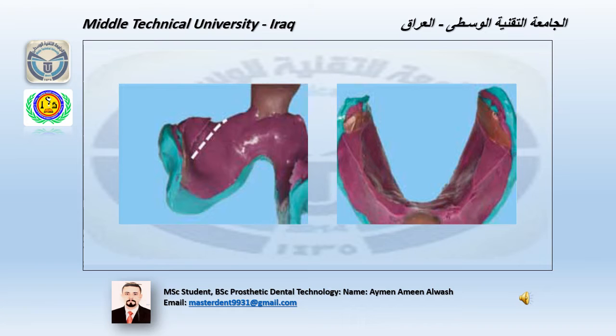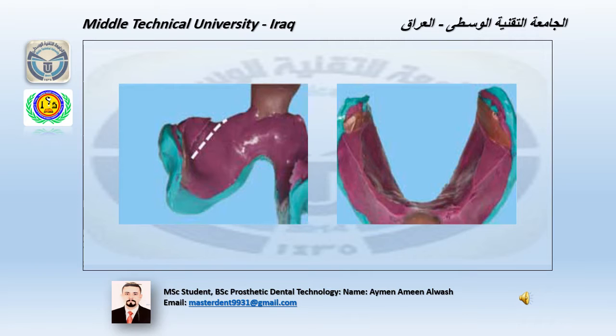During swallowing, the lateral border of the tongue will apply pressure at the lingual aspect, and the contraction of the cheek muscles will apply pressure at the labial aspect of the lower special tray. These two pressures at the lingual and labial surfaces will be recorded at the outer surface of the lower special tray.